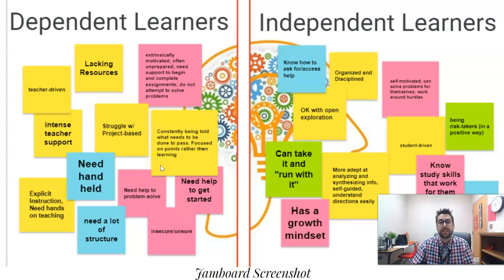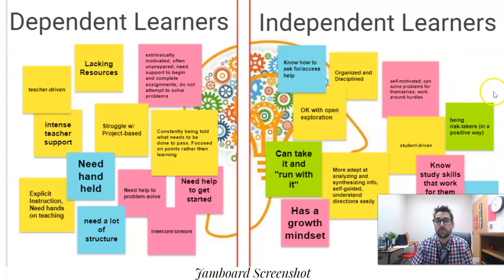If something is not explicitly shown, like perhaps their resource is different, they give up, or they immediately need your help and have you do the problem solving for them, right? Some of them are only focused on points rather than the learning aspect of it, okay?